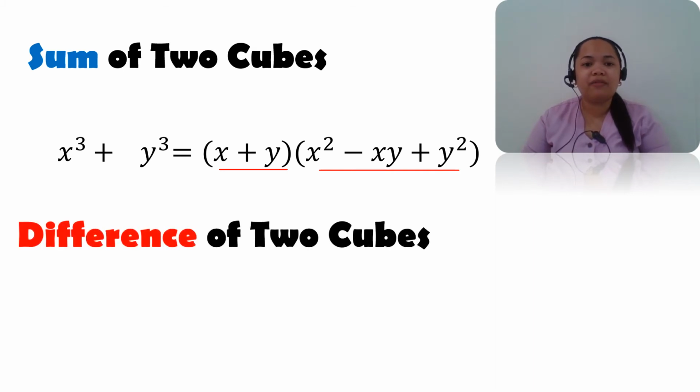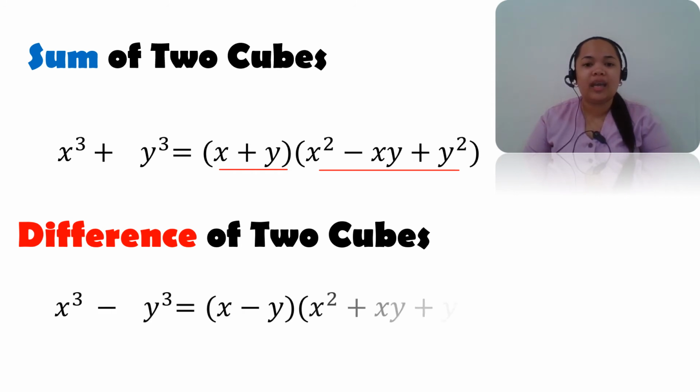Also, the factors of the difference of two cubes, which in general term is x cubed minus y cubed, is equal to x minus y times the quantity of x squared plus xy plus y squared.